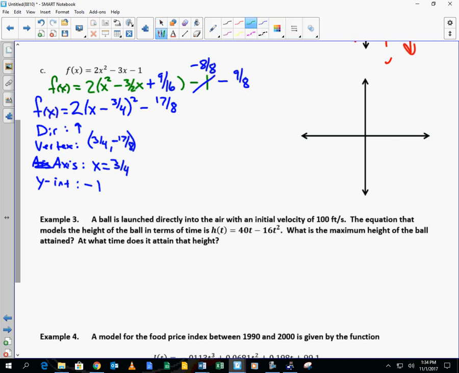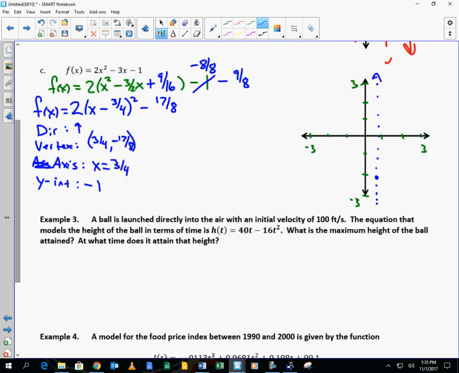That is approximately what value? Yep, negative 2. So if I make a 2 by 2 graph here, that should be sufficient. Maybe even a 3 by 3 so I can reflect a point. So 3/4 and negative 17 over 8, or 3/4 and about negative 2, a little bit more than that.